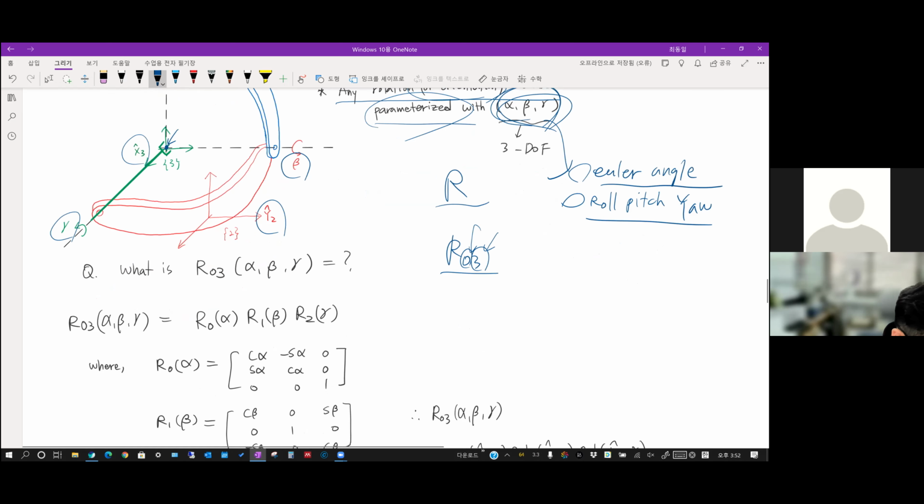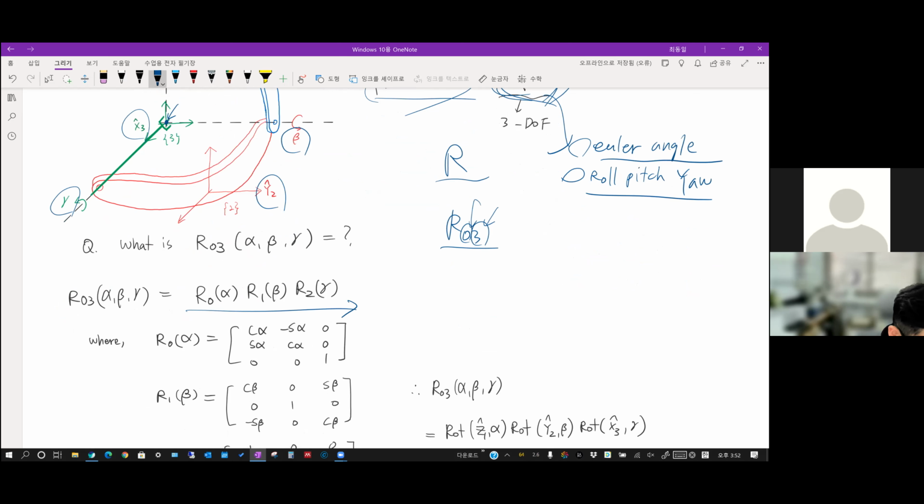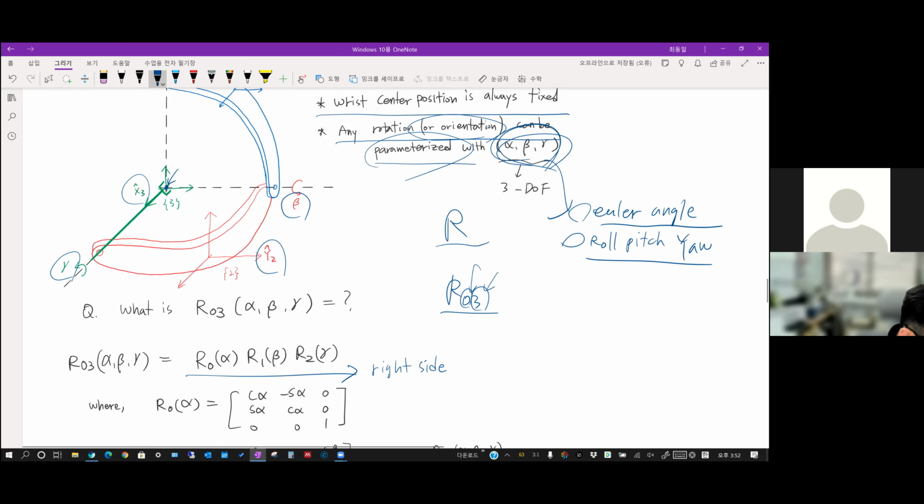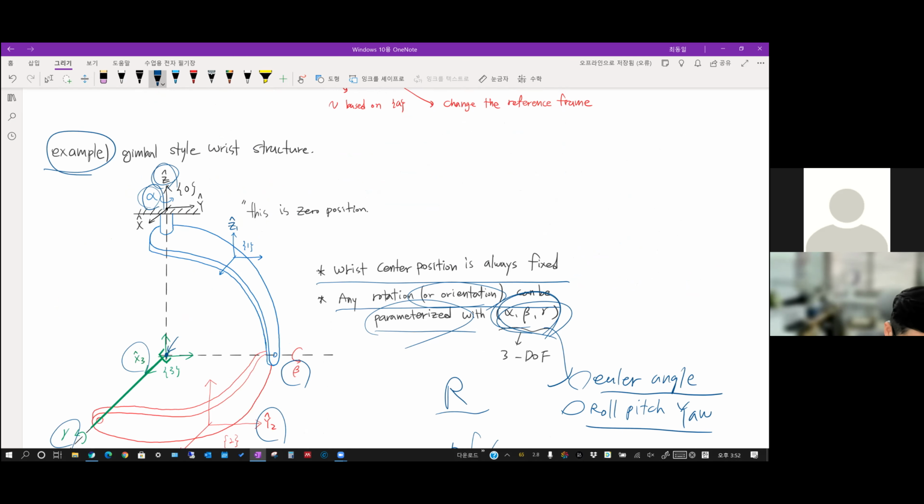So here, this is post-multiplication, we multiply on the right side. So by doing this, firstly we rotate about the Z axis by alpha angle, and then the moving frame has changed.